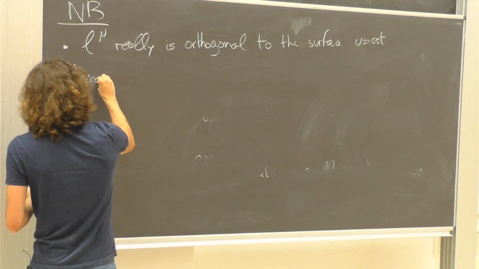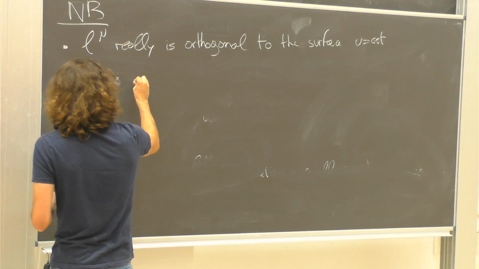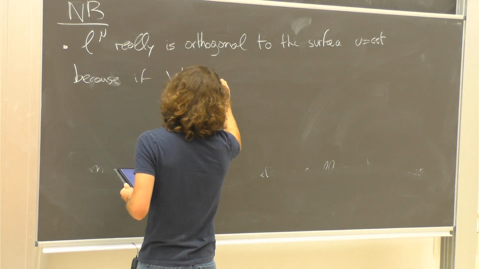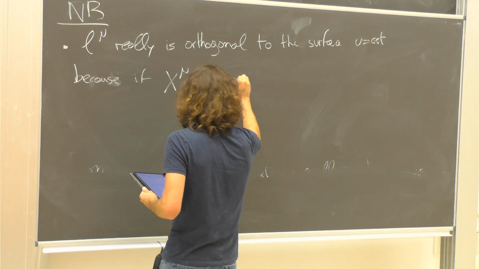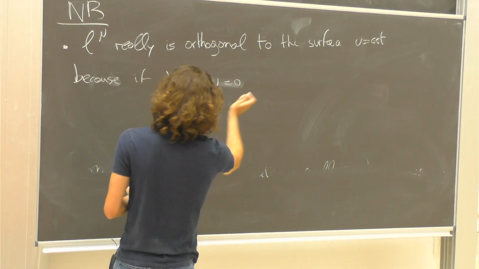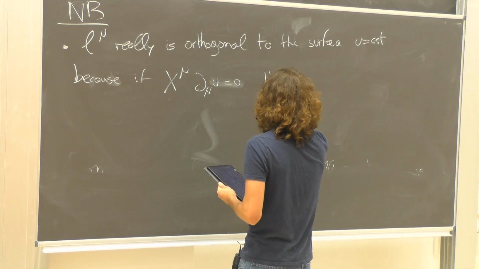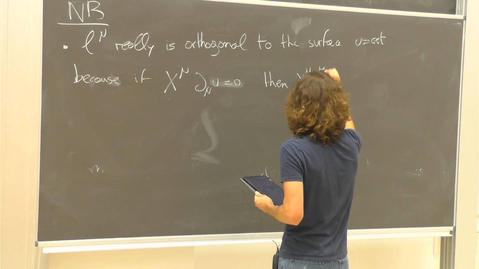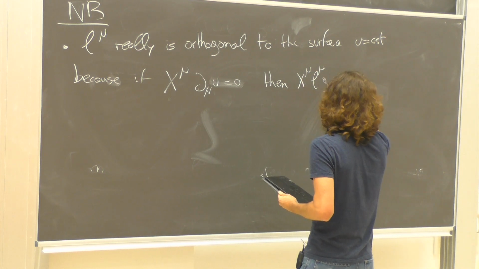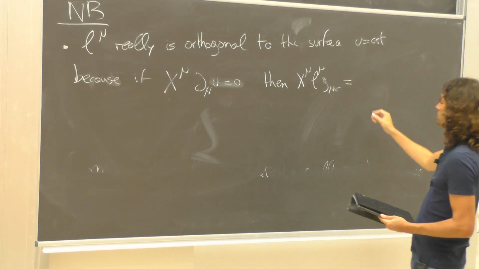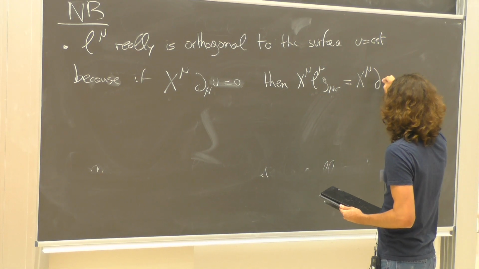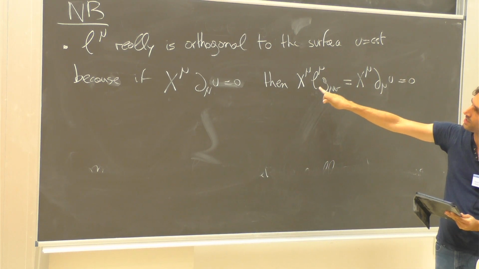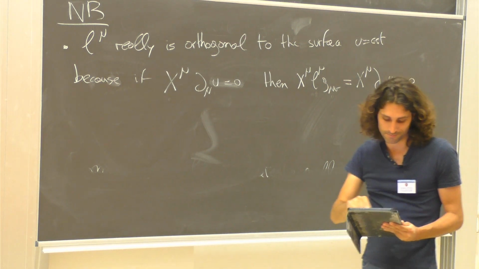Because if I have X^μ with X^μ ∂_μ u equals 0, this means that X is tangential to these surfaces. Then indeed X^μ L_μ = g_μν X^μ L^ν, by definition this must be just du, so this is just X^μ ∂_μ u equals 0. So indeed, L now is really normal to these u equal constant surfaces.